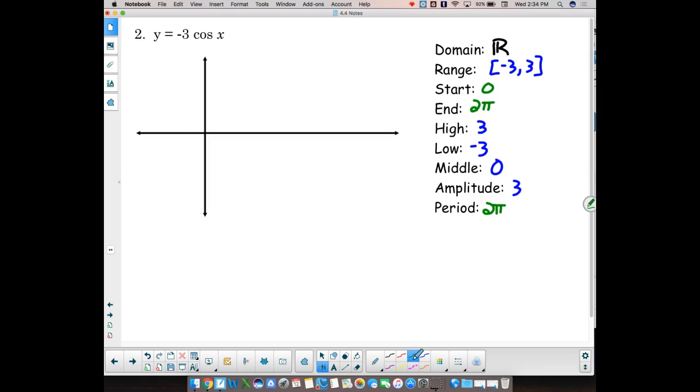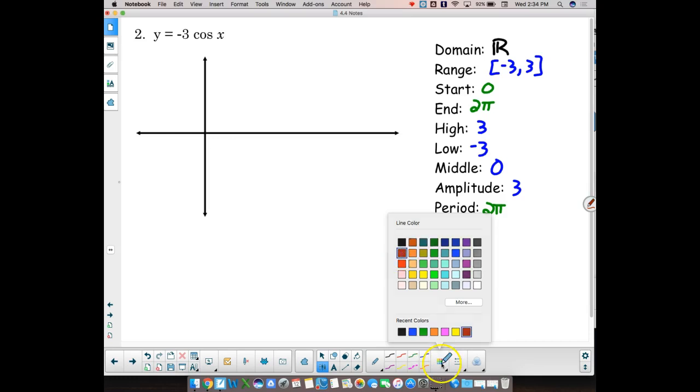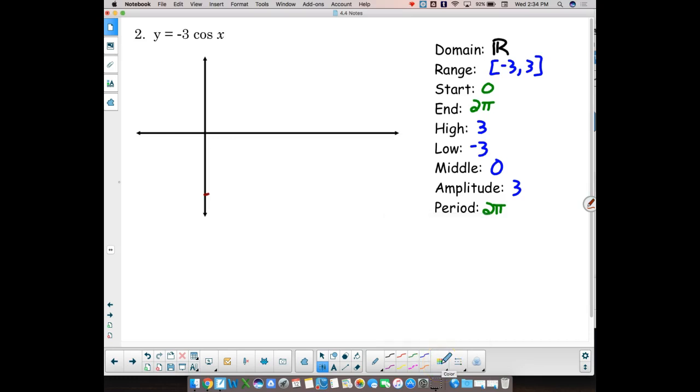So this one is actually going to start down low and then go up. With me?